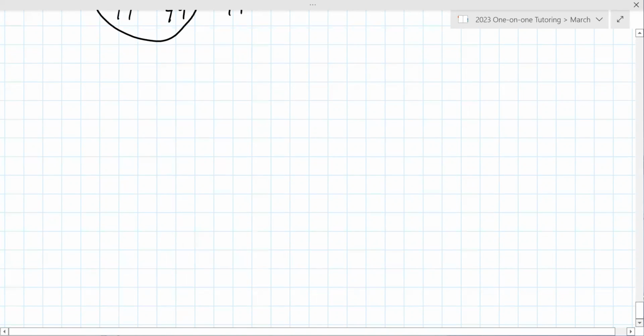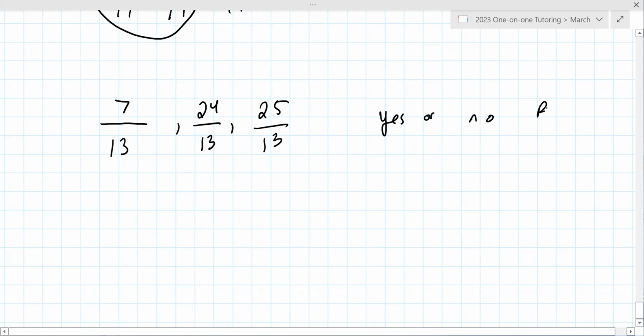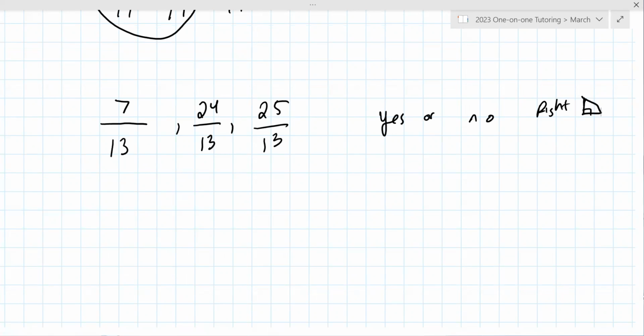Okay. Let's try another one here. Yes or no, right triangle? So 25 squared is 625 over... what is 13 squared?